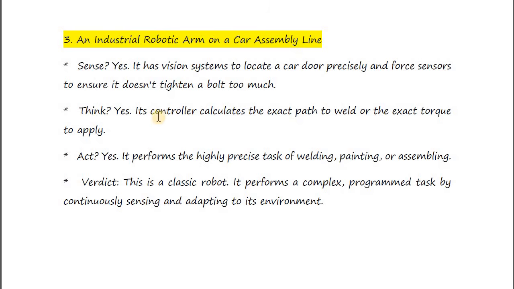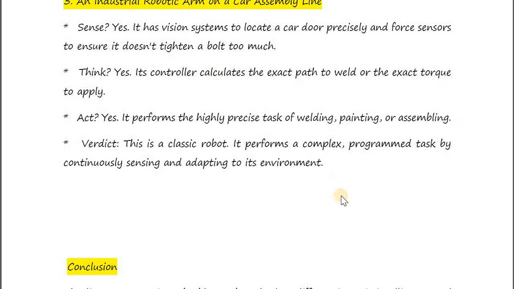Can it think? Yes. Its controller calculates the exact part to weld or the exact torque to apply. Can it act? Definitely. It performs the highly precise task of welding, painting and assembling. So the verdict is it's a classical robot. It performs a complex programmed task by continuously sensing and adapting to its environment.